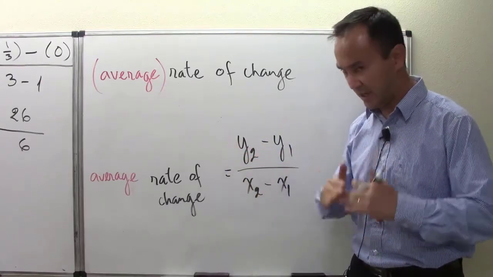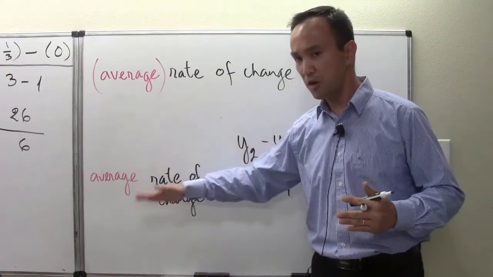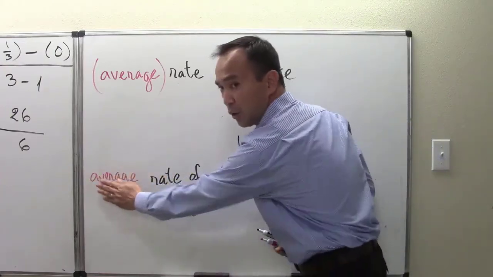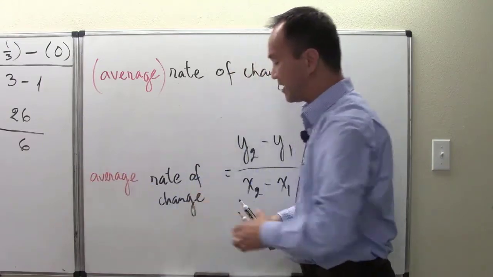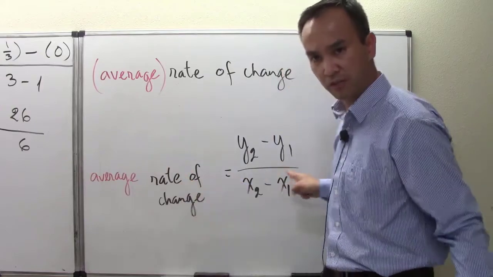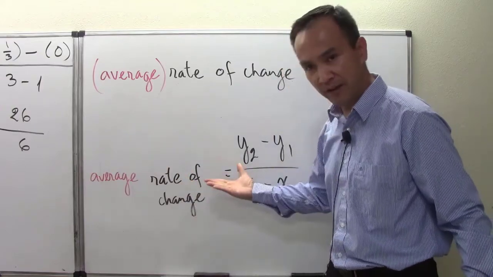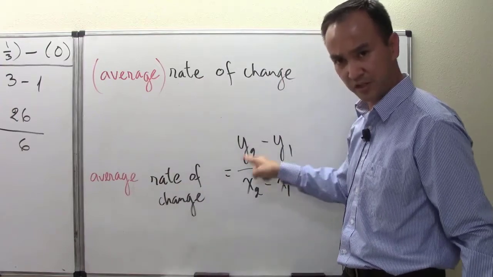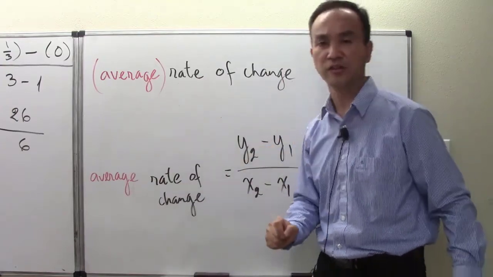So again, at this level, there's not much difference between simply any rate of change or average rate of change precisely. A lot of times you will be asked to calculate average rate of change, which is this thing right here, or even if you see the loose term rate of change, it's just that formula to calculate.